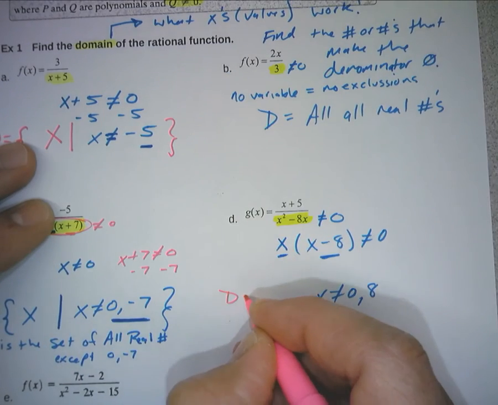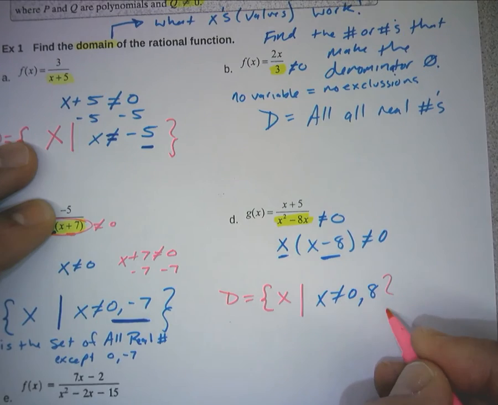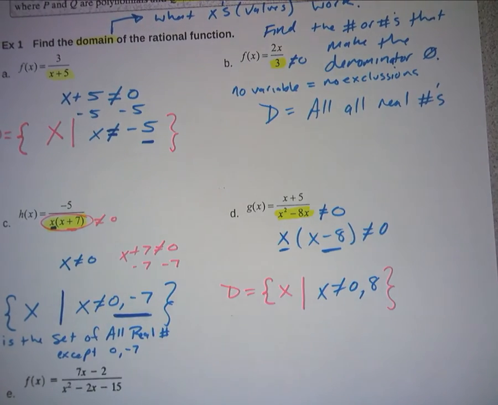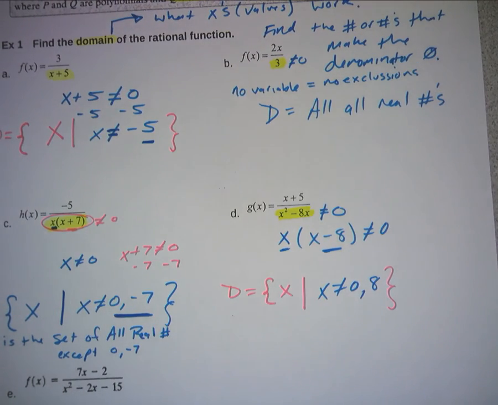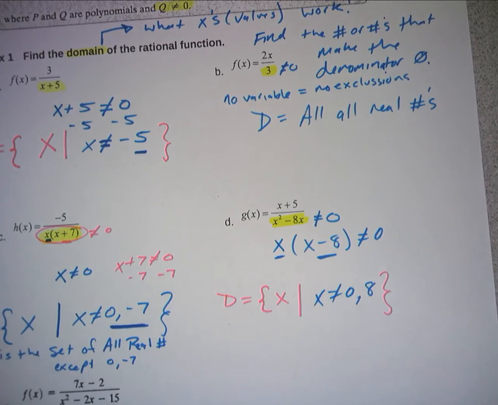Again, if you want your fancy brackets, domain is a set of all real numbers except 0 and 8. Okay, 0 for this guy and 8. 8 minus 8 is 0, and 0 divided by anything is undefined. Or anything divided by 0, I should say, is undefined.